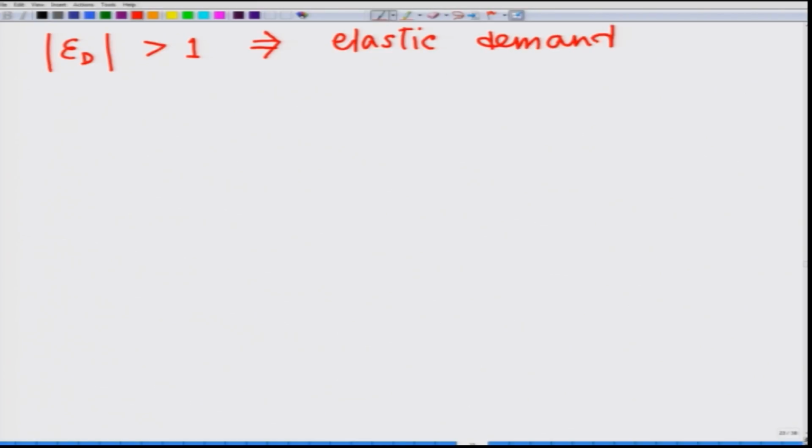That means that if there is x percentage change in the price of the commodity, more than x percentage change is observed in quantity demanded. And finally, if epsilon d tends towards infinity, then we call this perfectly elastic demand.